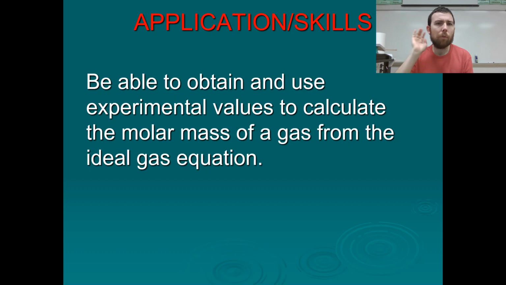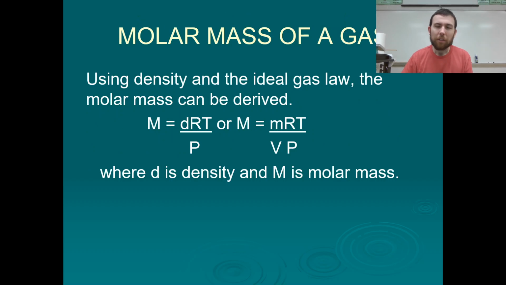Now, the last thing I want us to take a look at is how we can use experimental values to calculate the molar mass of a gas from the ideal gas equation. You might recall from AP Chem, we looked at this particular formula, but it's essentially a way to manipulate the ideal gas equation where you can solve for density and ultimately solve for molar mass.